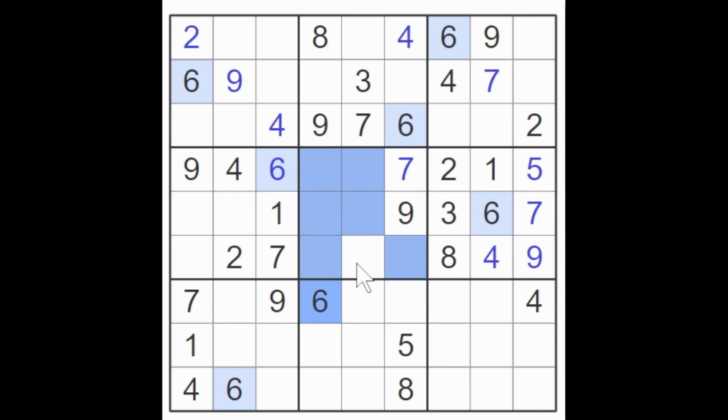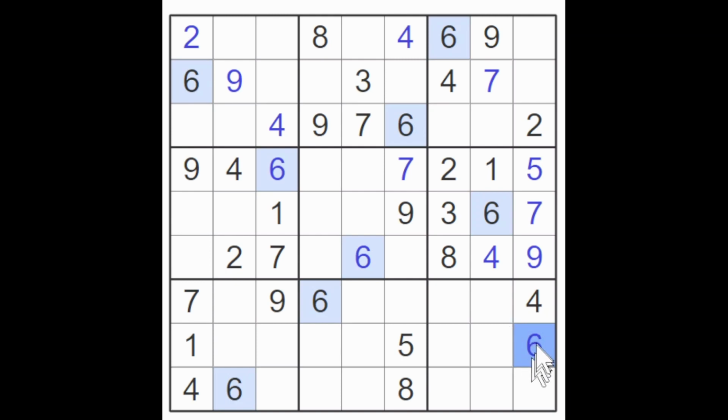So a 6 must go here in the center column. And the last 6, because of these two 6s here, blocking here, and these two 6s blocking here and here. This is the last 6 of the grid.